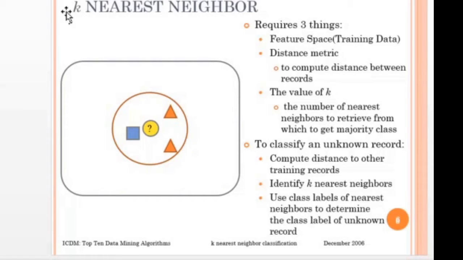It is a very simple thing. For example, in a class, suppose there are two kinds of students, bright students and poor students. Suppose the teacher sees an unknown student whose quality he doesn't know. What should he consider? He should consider his nearby students, how many are poor and how many are bright.